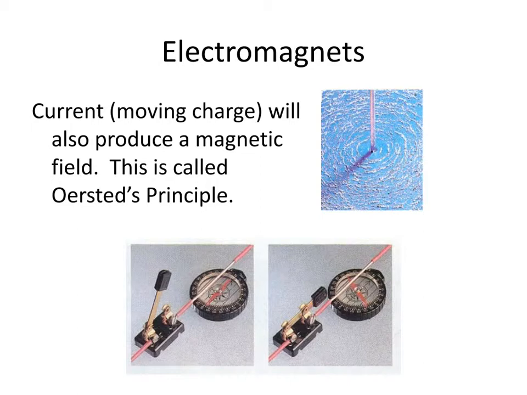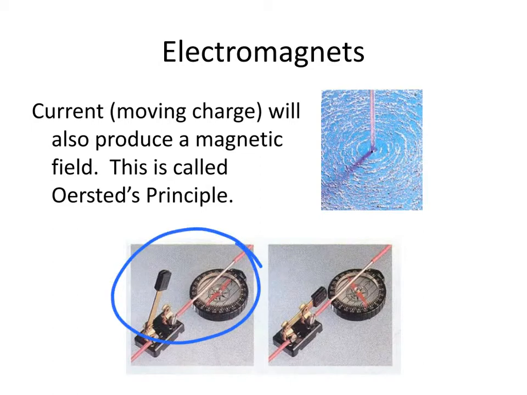Now we can generate a magnetic field using electricity. This is something that Hans Ørsted, a Danish scientist, discovered, kind of by mistake. He did an experiment where he passed current through a wire, and at first he didn't notice any magnetic field using a compass because he had the compass lined up in the wrong direction.